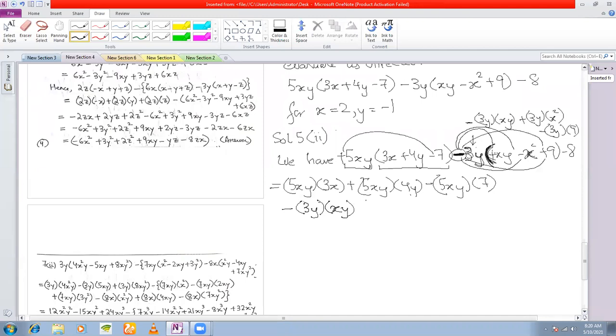Okay. Next, because I'm opening the bracket, this minus sign you have here before x square will become a plus because I'm opening the brackets. 3y into x square. And again, this sign here, because I'm opening the bracket, this will become a minus sign. 3y into 9. Is this clear to you? Either you can follow this way, or you can follow this way, whichever way is convenient for you.